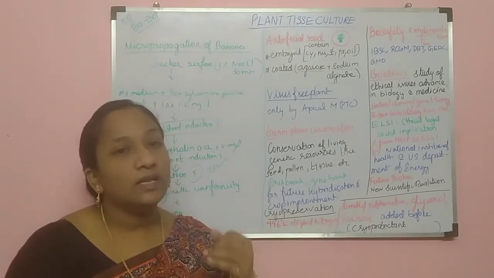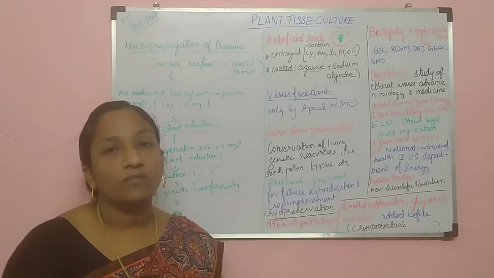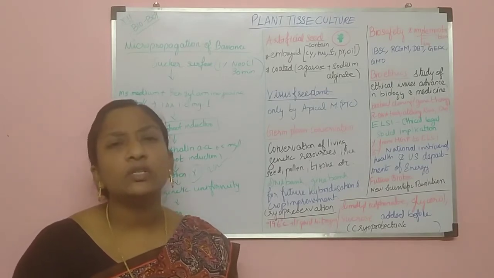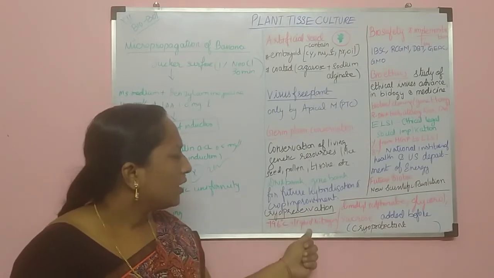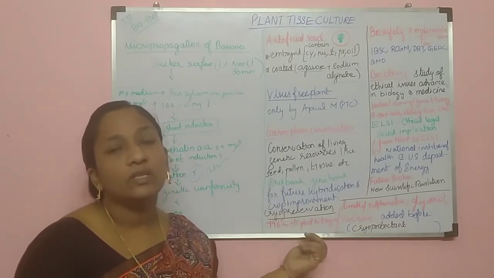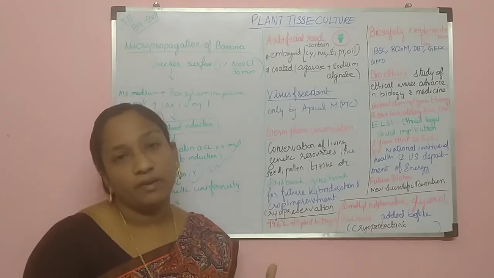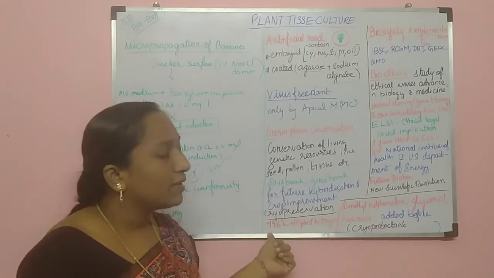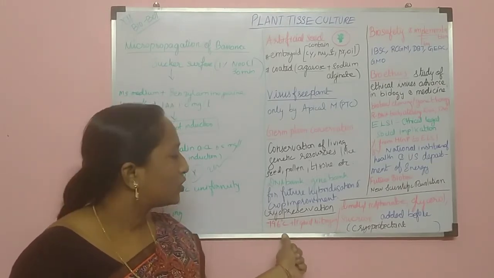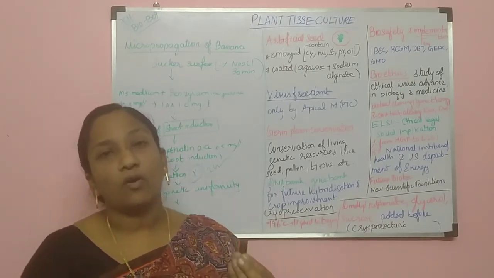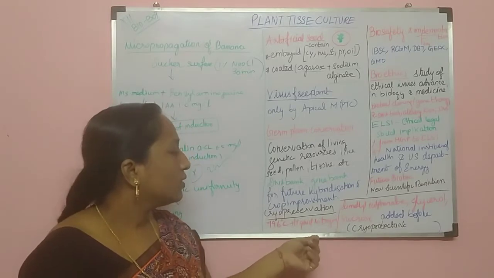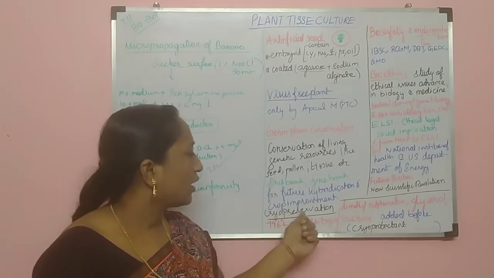Even in our fridge, the gas they are storing, and in the AC and fridge, all those things, they use nitrogen as the coolant. So under minus 196 degrees Celsius, they preserve the germplasm or whatever we need to preserve. So it is called cryopreservation.